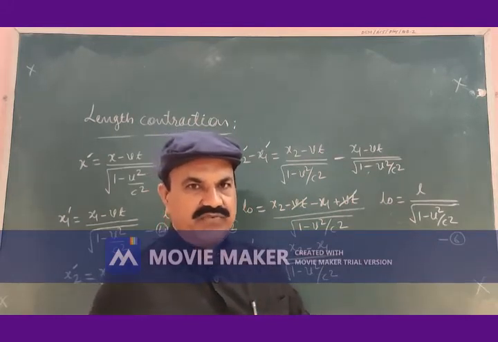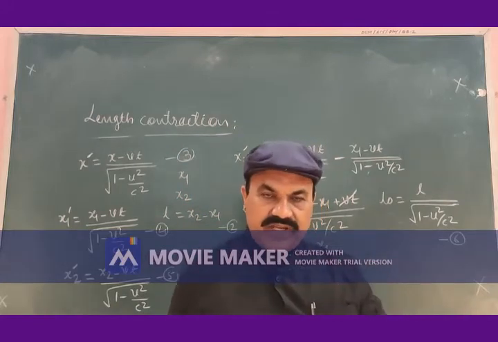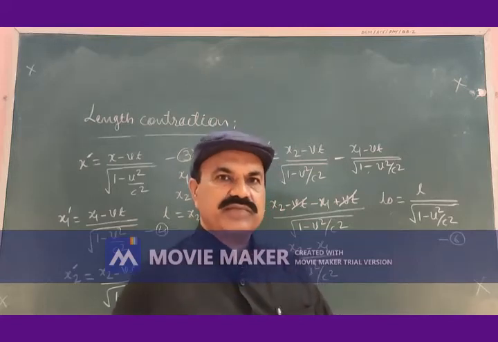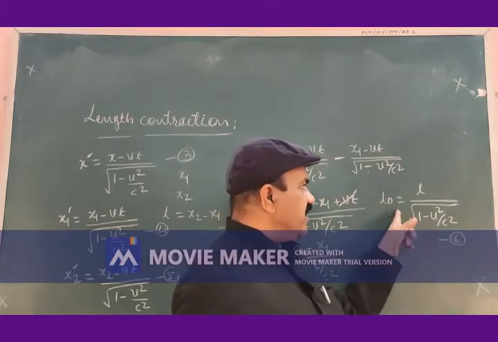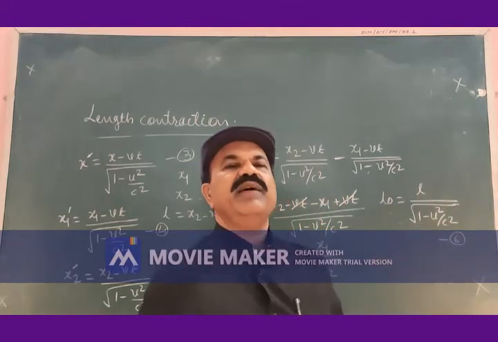The square root of a fraction will be a fraction. L0 is equal to L divided by a fraction.